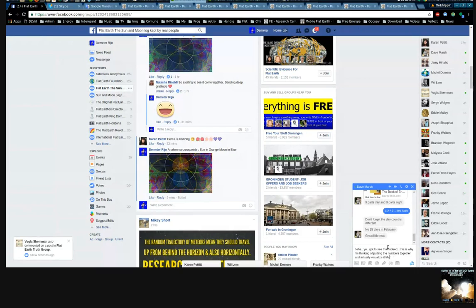A whole sort of map coming together slowly, but with more information.